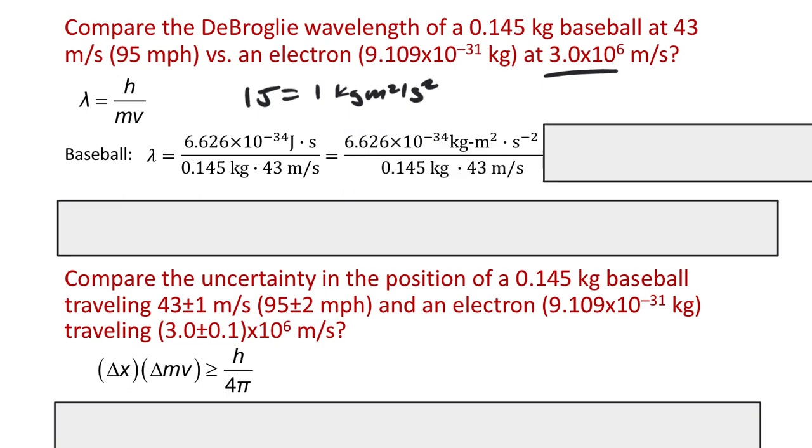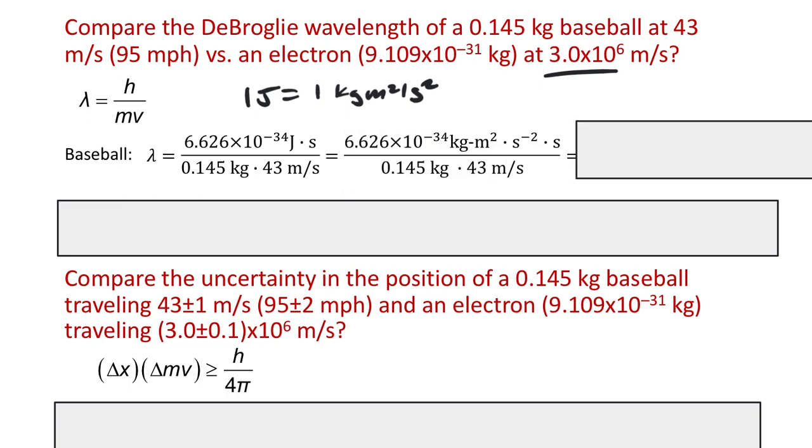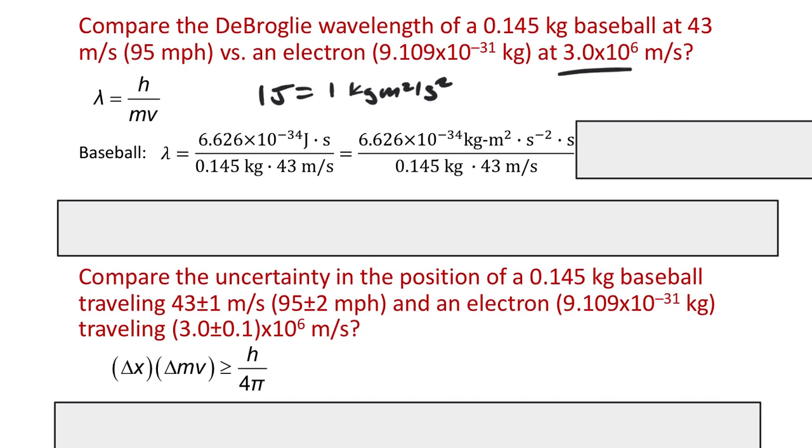So we convert the joule over to kilogram meter squared per second squared, and it's joules times seconds. Then our kilogram cancels, and one of our meters cancels.